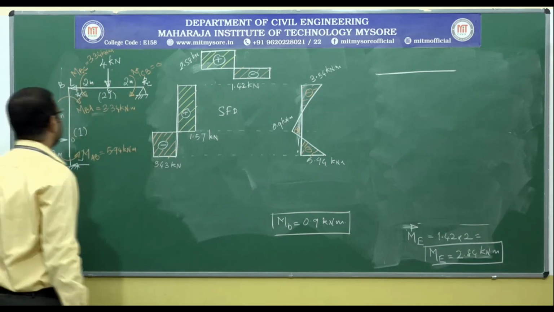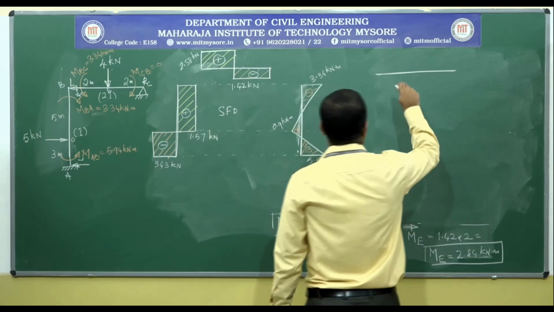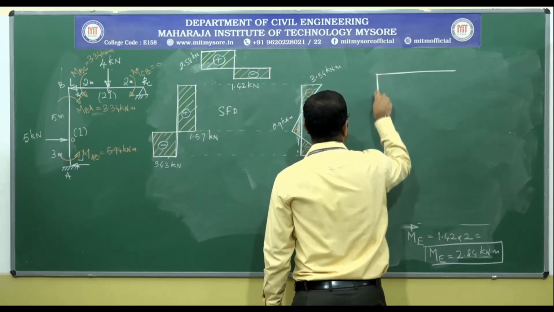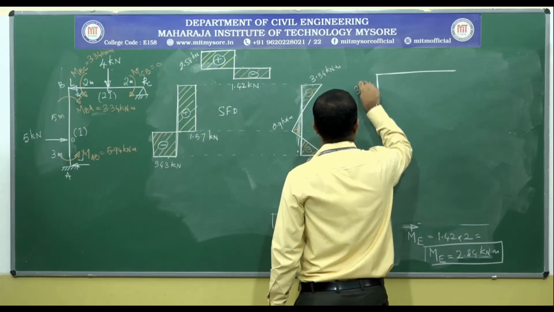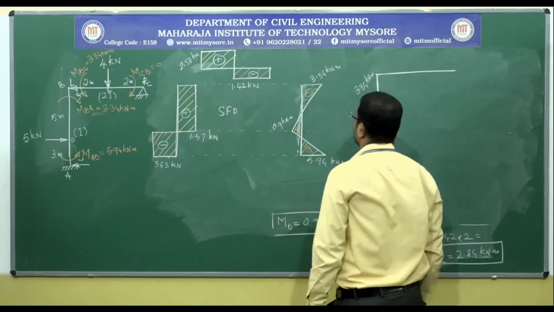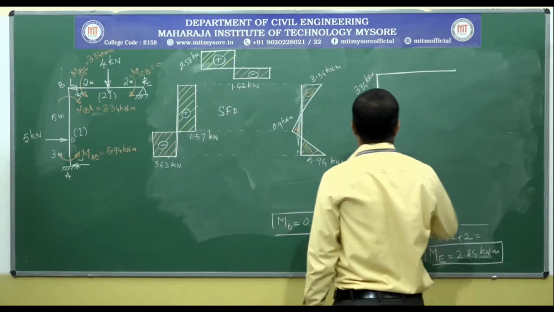On the left side we have an anticlockwise moment. So left side anticlockwise is negative. So let me take the line downwards. That is 3.34 kilonewton meter. On the right side we don't have any moment, so it will be 0.